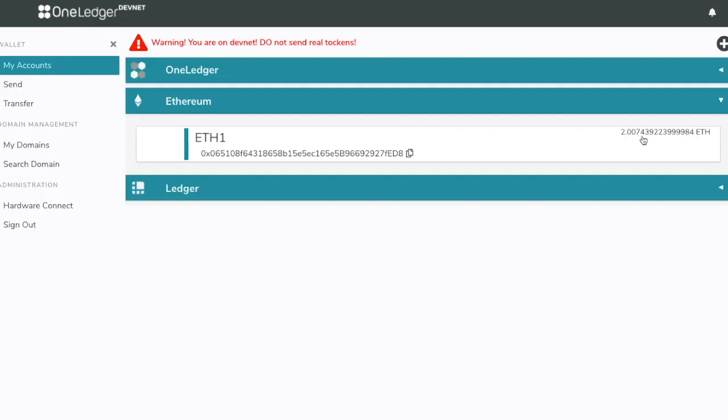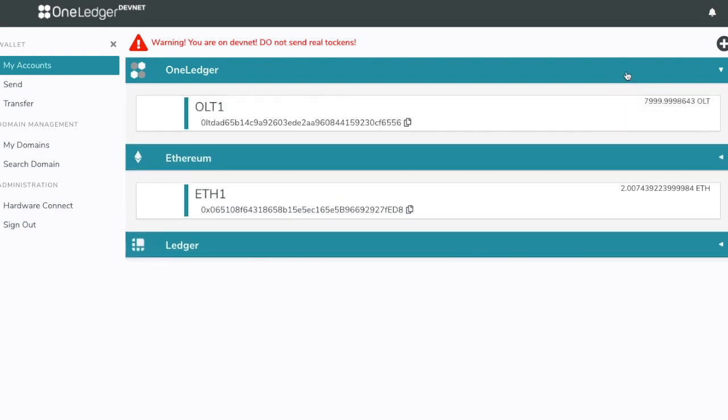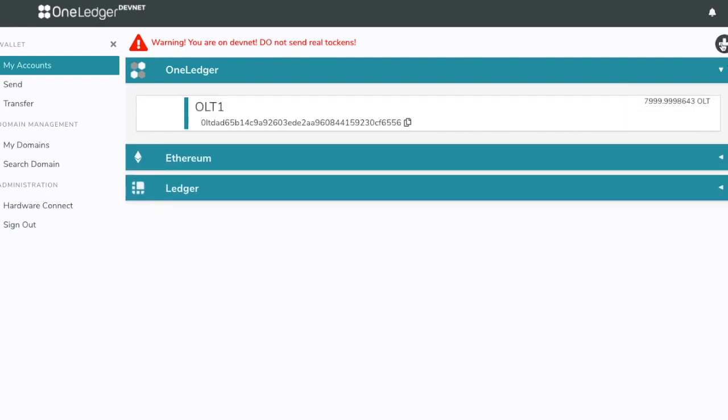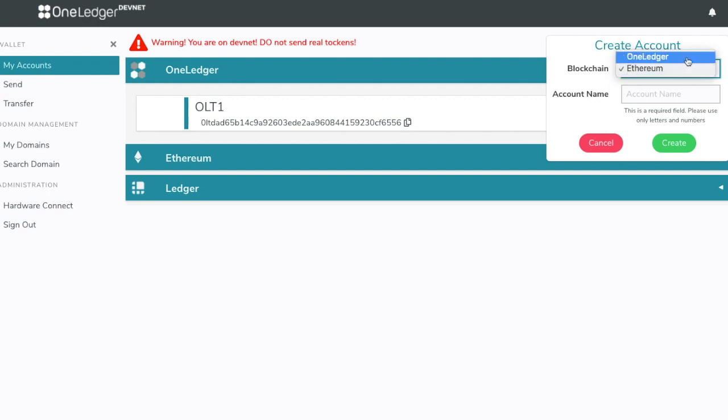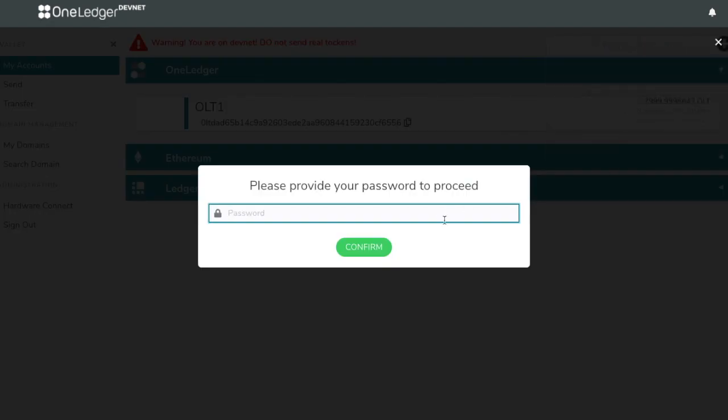And there's my Ethereum balance. So don't be perplexed by the fact that the accounts are not there, and I can create multiple of my OneLedger accounts, my Ethereum accounts, and they will all still persist with the correct balance.